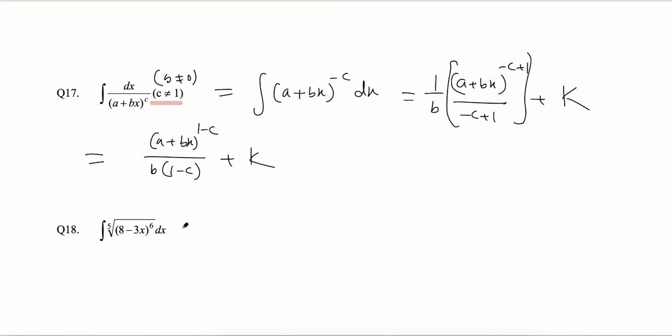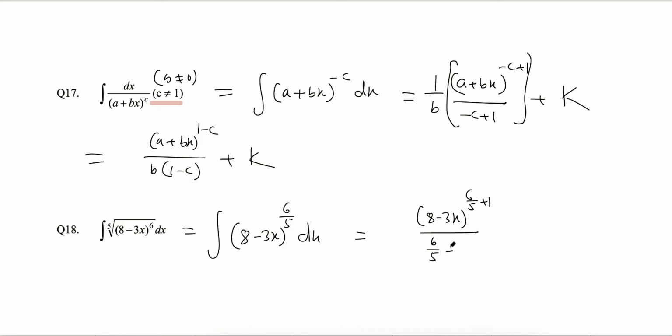Anyway, next question. Question number 18. It looks exactly the same. We'll say this is nothing but (8 minus 3x) power 1 by 5, so 6 by 5 dx. In my mind, I will consider the x power 6 by 5. So I will say this will be x power 6 by 5 plus 1, and who is the x? (8 minus 3x) power 6 by 5 plus 1, whole divided by 6 by 5 plus 1.